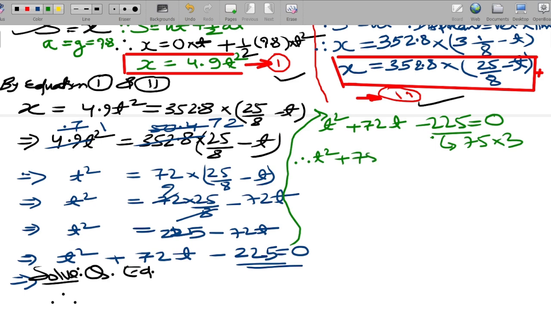Taking common t from the first two terms, we are left with t plus 75, and taking the common minus 3 from the last two terms, we get t plus 75.